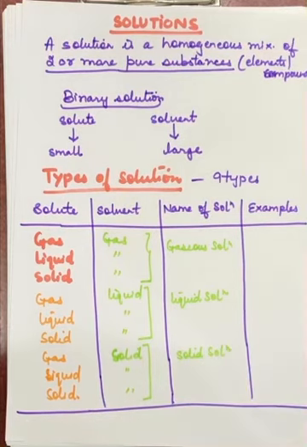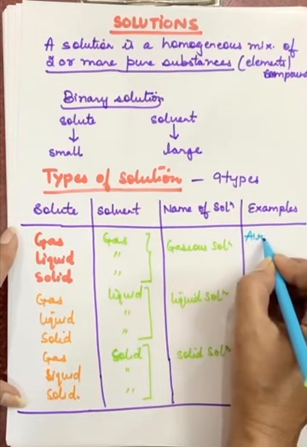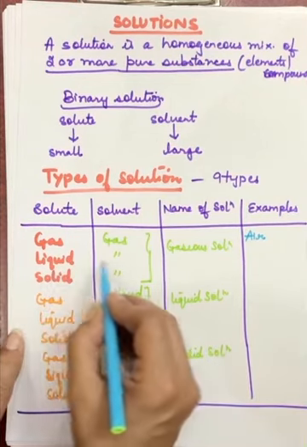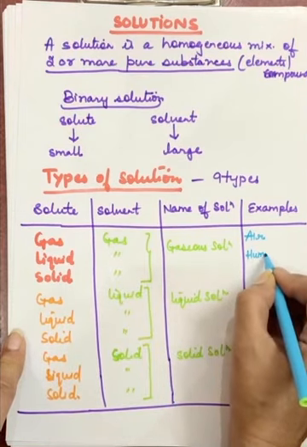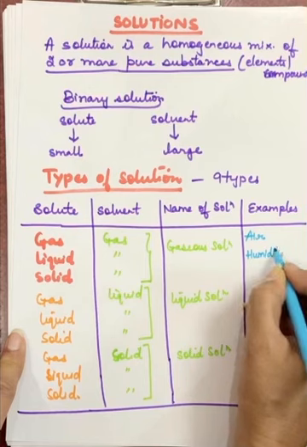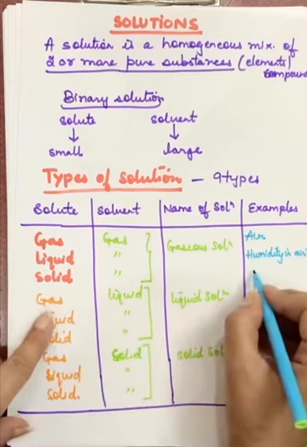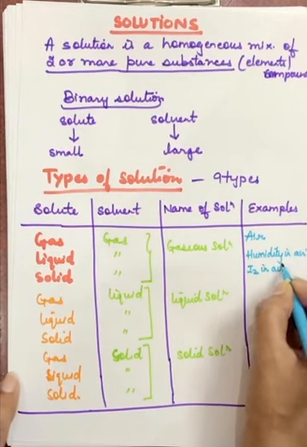Examples of these solutions: when gas is mixed in a gas, the example we can take is air, in which we have a mixture of various gases like oxygen and nitrogen. When liquid is mixed in a gas, we can say humidity present in air. Next is solid in a gas, like iodine vapors in air, camphor in air.